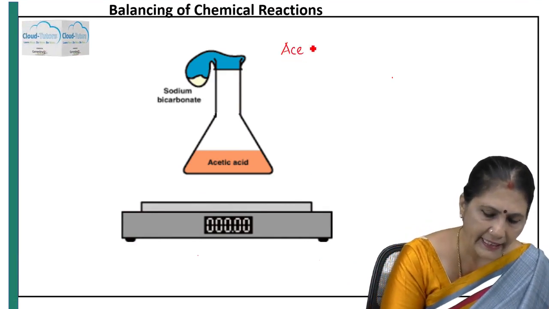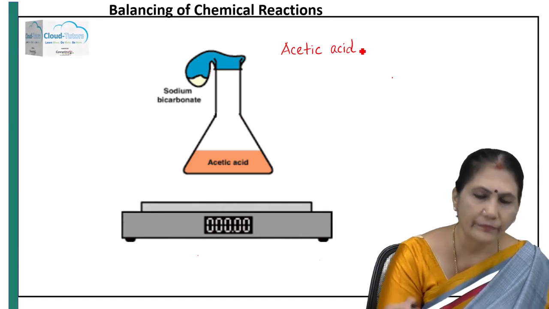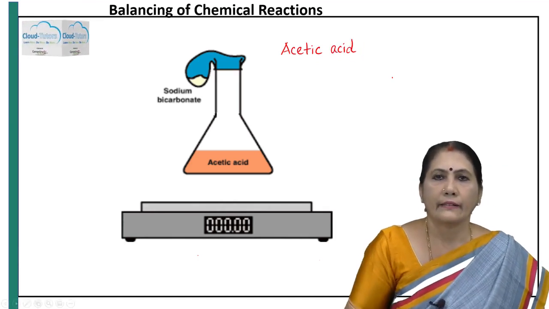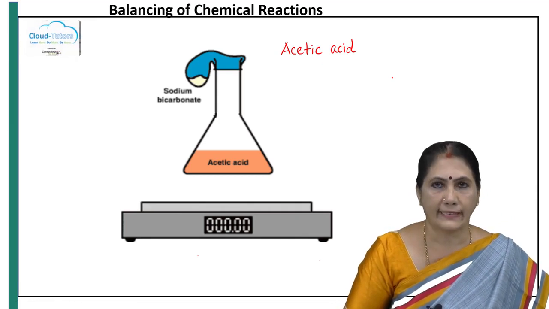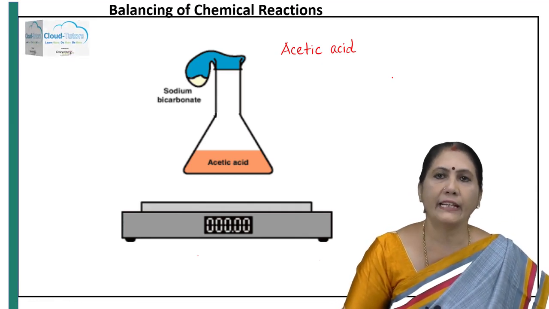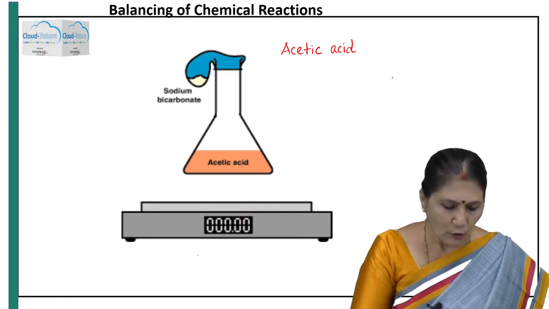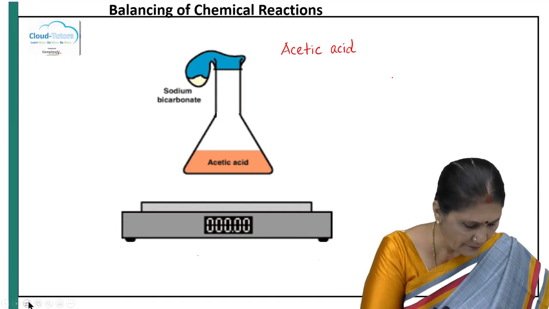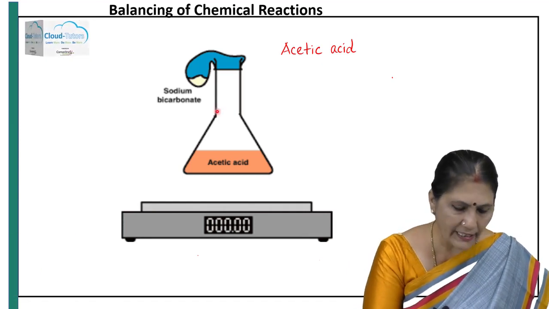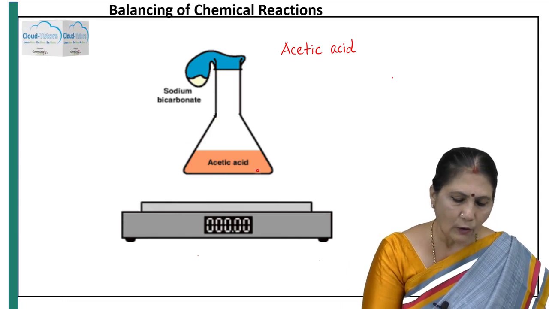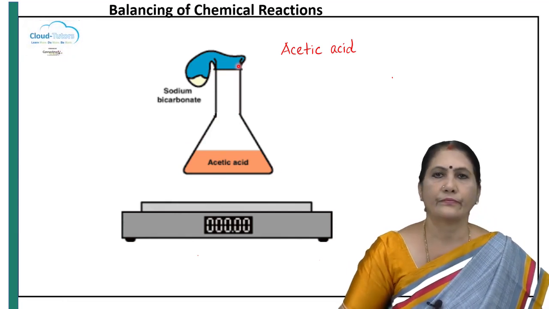Acetic acid is taken in the beaker. This is actually a conical flask. You can perform this activity even in a beaker. So this particular device which you are seeing here is the conical flask.